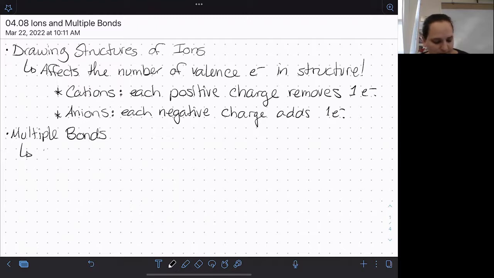So sometimes, in order to fill all of the valence shells, we need to increase the amount of electrons that are being shared between atoms.